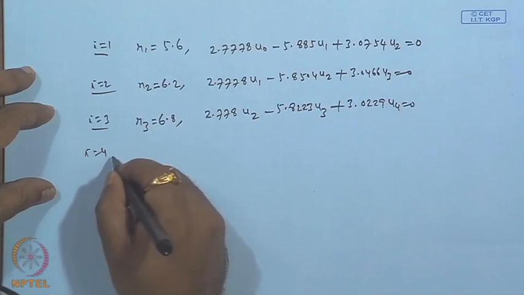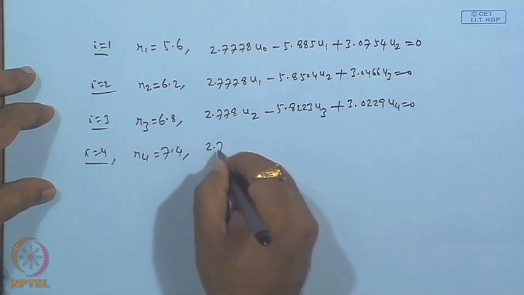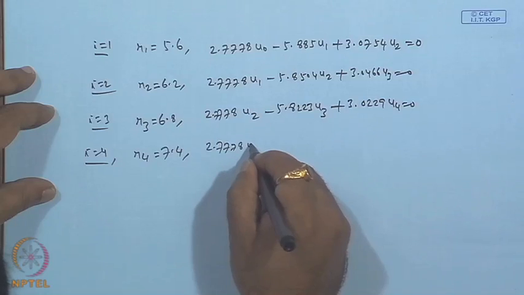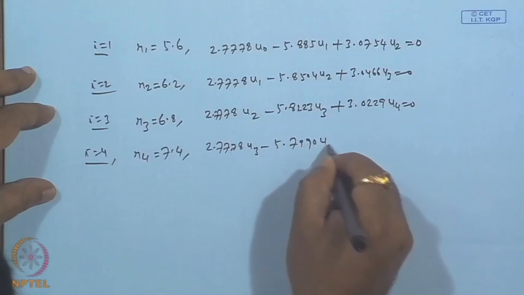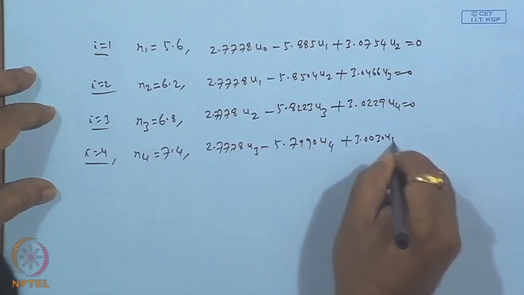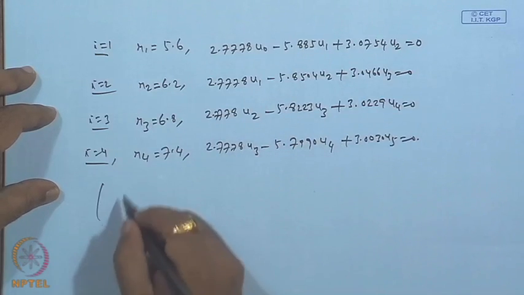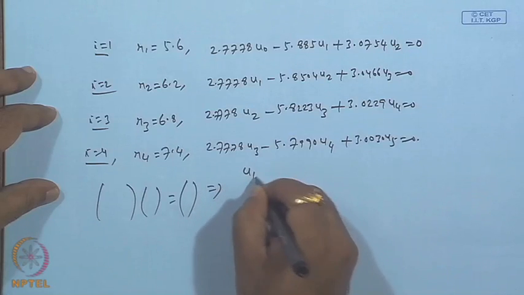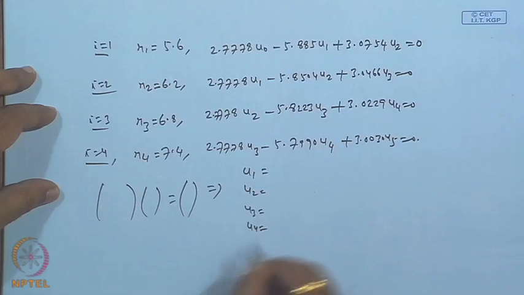Then i equals 4. This is a tridiagonal system, so we can obtain u1, u2, u3, u4.